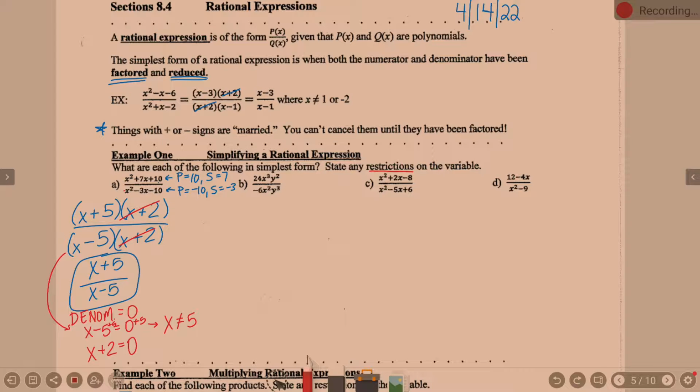And if it's x plus 2, subtract 2, and we're going to say x cannot equal negative 2. So those are the restrictions on the variables. X cannot equal 5. X cannot equal negative 2. Because those both would make my denominator equal to 0.